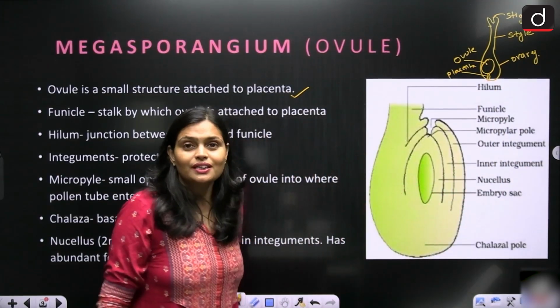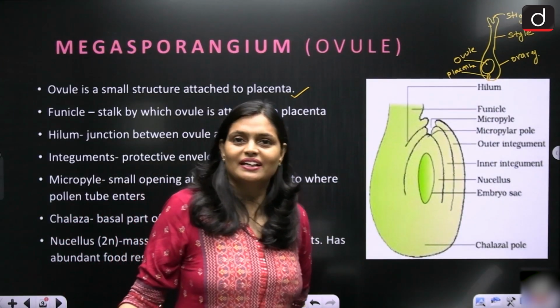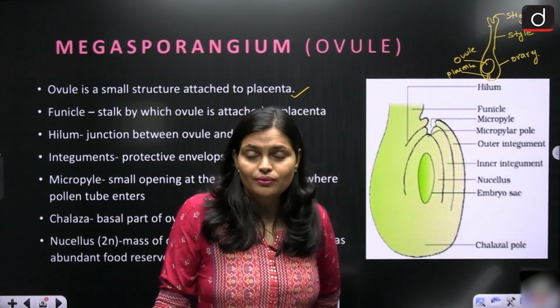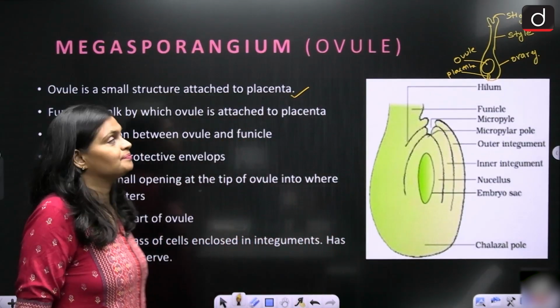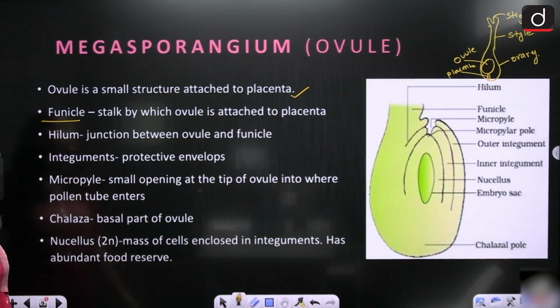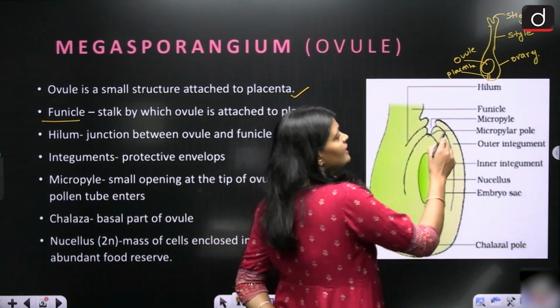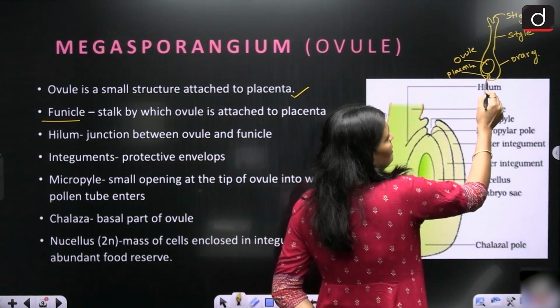Now understood? अभी ह्यूमन रिप्रोडक्शन में भी आप पढ़ेंगे प्लेसेंटा. Similarly here also you have an ovule attached with the ovary through placenta. Funicle, the stalk by which ovule is attached to placenta. Now see, this is the funicle. So suppose here you have a placenta.